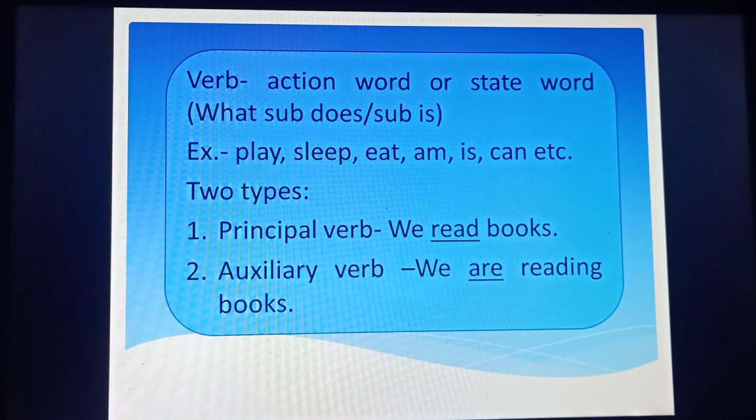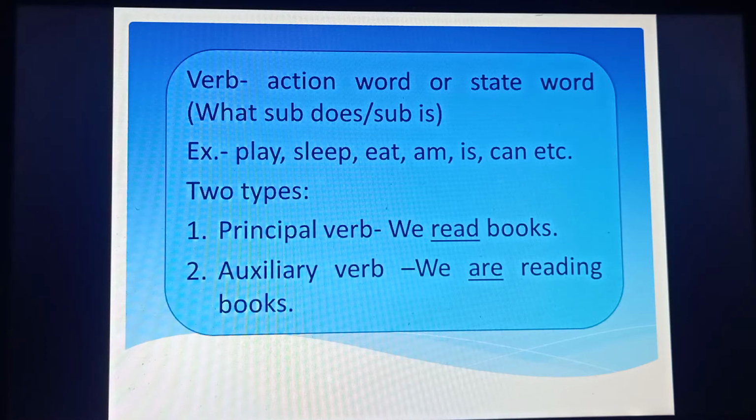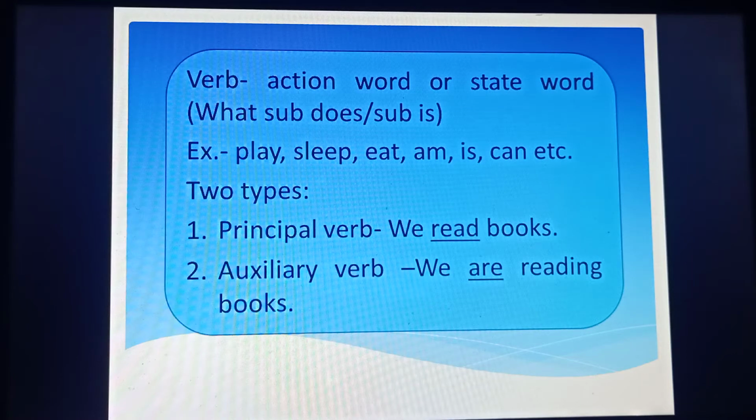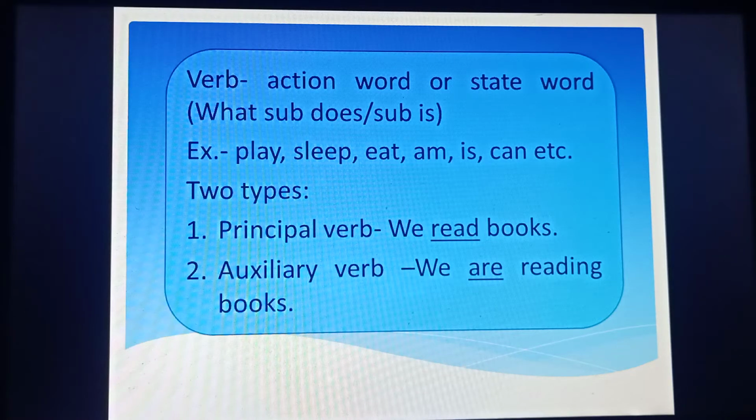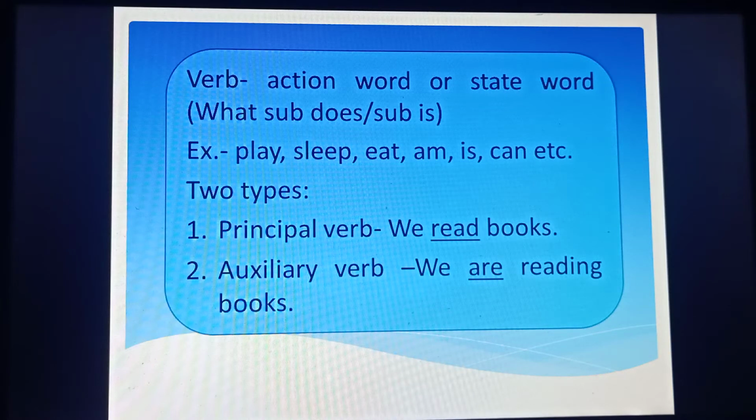A verb may be of two types: principal verb and auxiliary verb. We read books. So read here is a principal verb because there is no other verb and the sense is complete in itself. Auxiliary verbs, that means helping verbs, help the principal verb in expressing the meaning, or indicate tense also, in which time the action is going on.